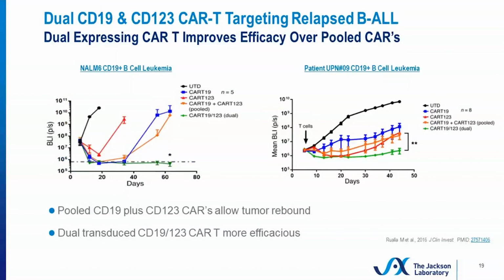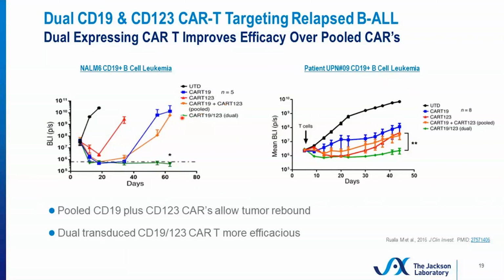So what they're doing is they're comparing mice that are engrafted with NALM6 B-cell leukemia cell line or a patient-derived B-cell leukemia, then treating with CD19 CAR alone, CAR 123 alone, or a pooled combination of those two CAR T populations, or a CAR T that is expressing both CARs specific for both the 19 and the 123.